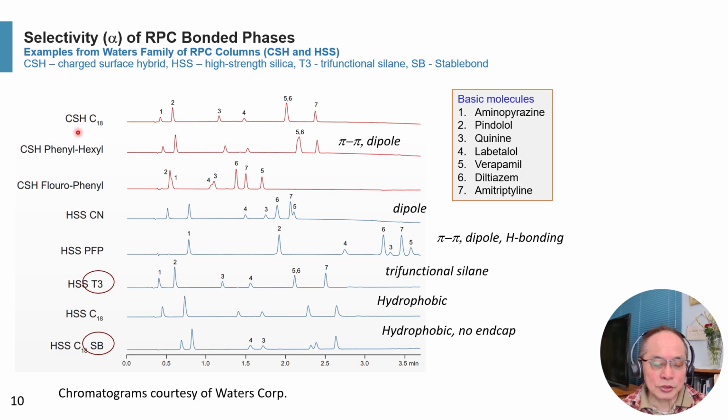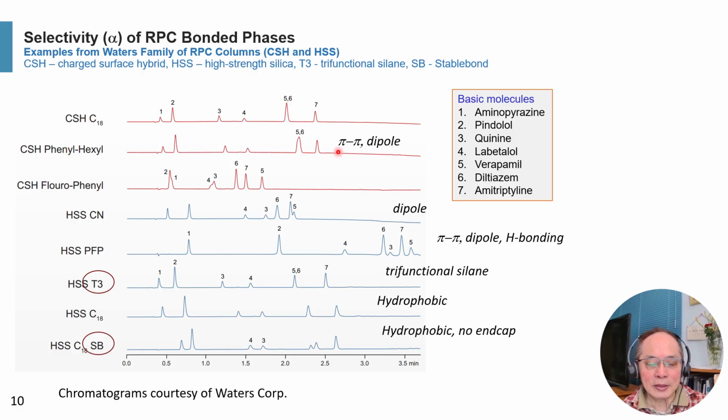We'll talk about charge surface hybrid later on. C18, so you have an elution profile like this, 1, 2, 3, 4, 5, 6, 7. And this is a phenyl-hexyl group. It's a phenyl bonded phase with a hexyl linker.